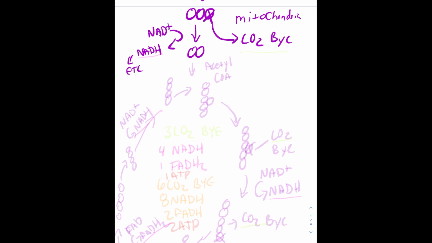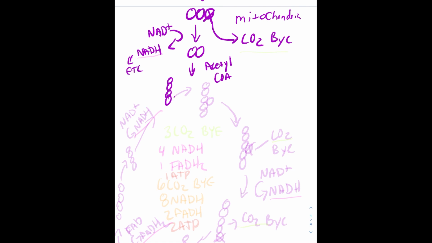In the next part, we're going to have an enzyme called acetyl-CoA that all it's going to do is it's just going to prep that 2-carbon to attach to the 4-carbon that was here before.